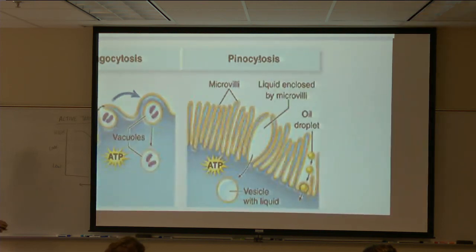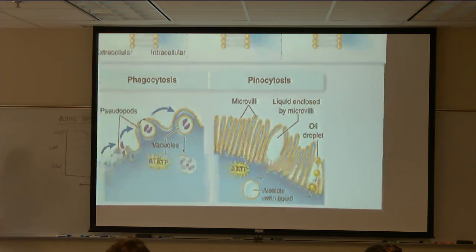And then pinocytosis, you're looking at liquid being pinched off in a similar manner and brought in via a vessel. These would require energy. Bulk transport, bringing in these large molecules, is going to require some energy from the cell. Here you can see an oil droplet easily moving across, lipid.